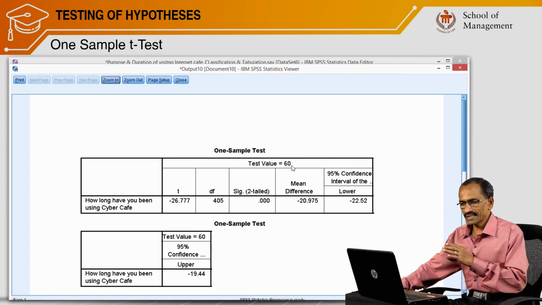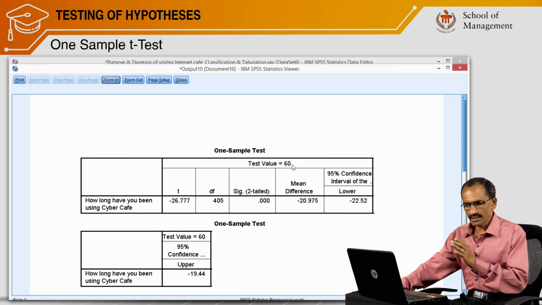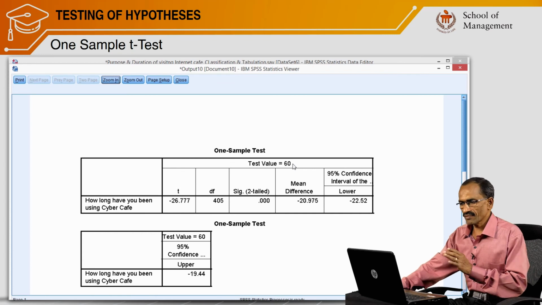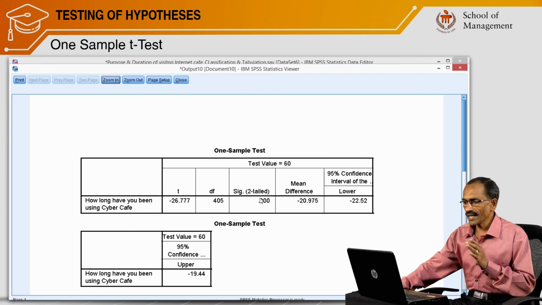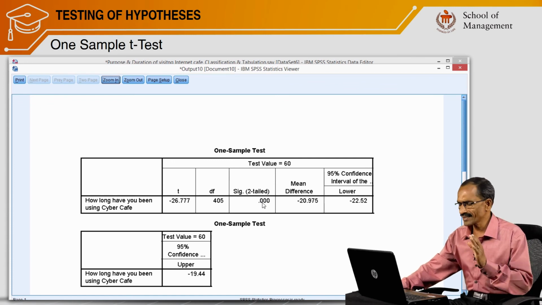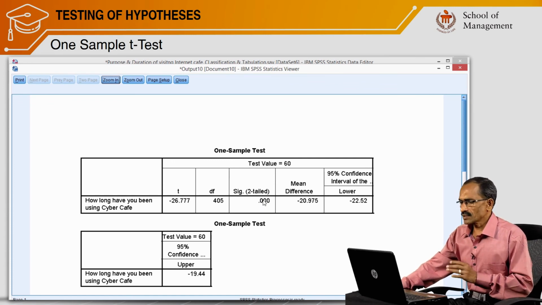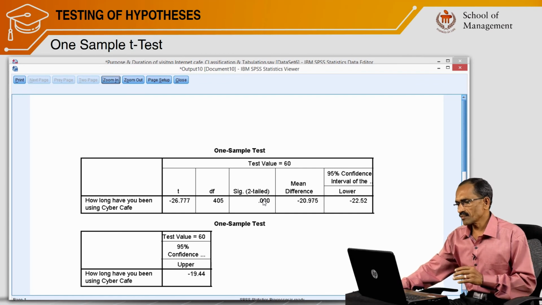So the test value, or hypothesis value, was 60 months, which is significantly different from the actual mean of 39.02 months, approximately 39 months. That is why we can convincingly reject this hypothesis.